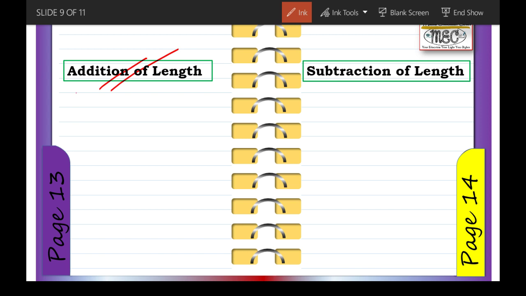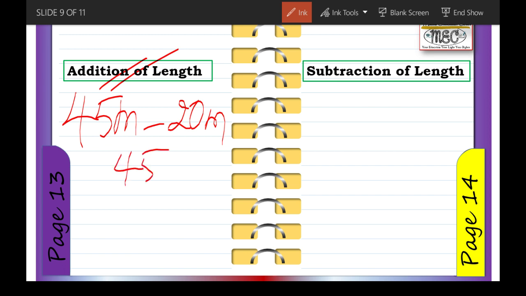When you have 45 meters minus 20 meters, you simply arrange this vertically, and then you subtract. 5 minus 0 is 5, 4 minus 2 is 2. So 45 meters minus 20 meters is equal to 25 meters.